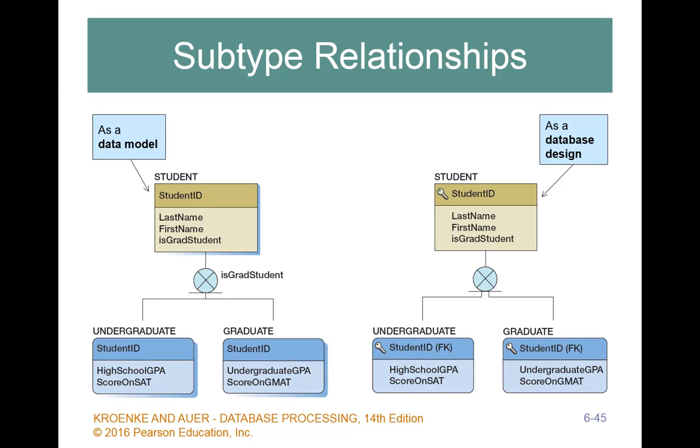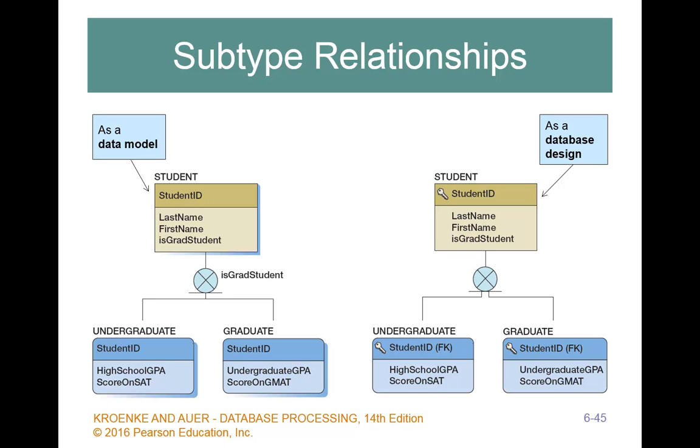And in our supertype, our discriminator just becomes another attribute in our table, as we discussed, and then our identifier, student ID, becomes a primary key in our database design. So the transformation from our entities to our database design is straightforward.